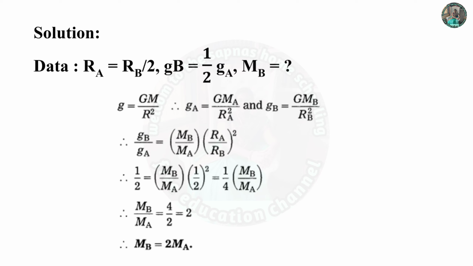So GB upon GA, it means half, is equal to in bracket MB upon MA into 1 upon 2 square, is equal to 1 upon 4 in bracket MB upon MA. That's why MB upon MA is equal to 4 upon 2, is equal to 2. So MB is equal to 2 MA.